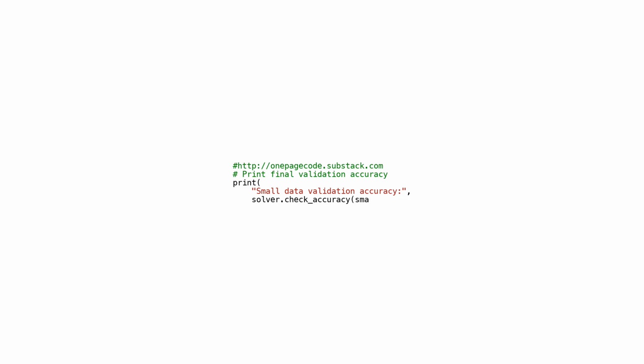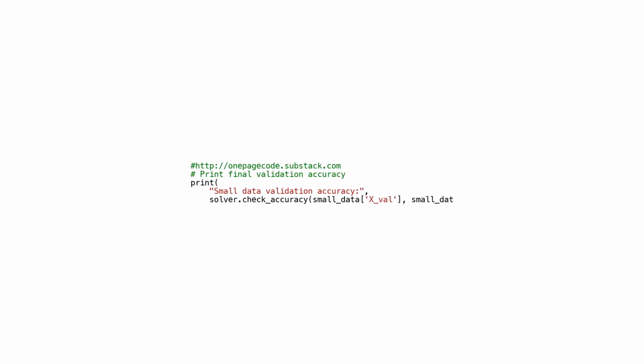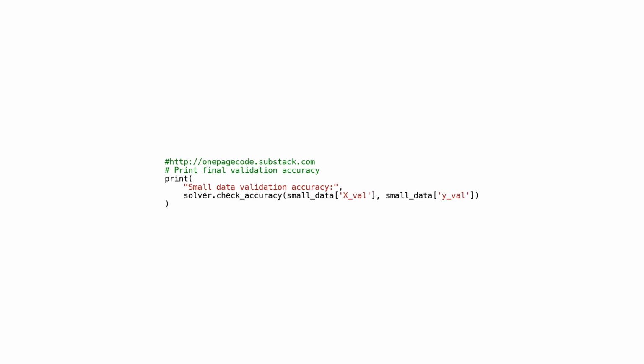A percentage of correctly classified data points is calculated when this model is validated by comparing predictions with actual labels. Printing the validation accuracy and labeling it helps the user to know what it refers to, in this case, small data validation accuracy. Basically, this code prints the accuracy of a trained machine learning model on a small dataset.